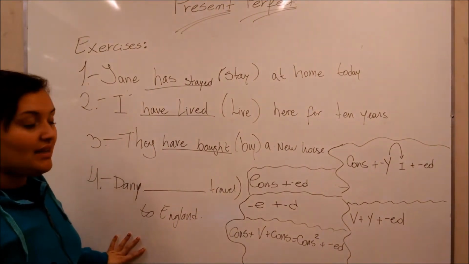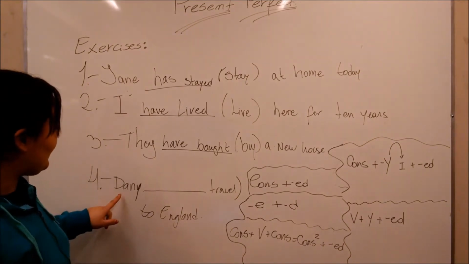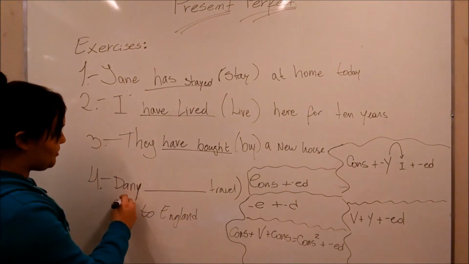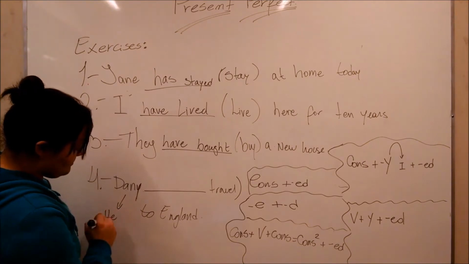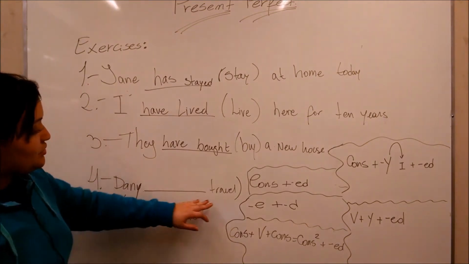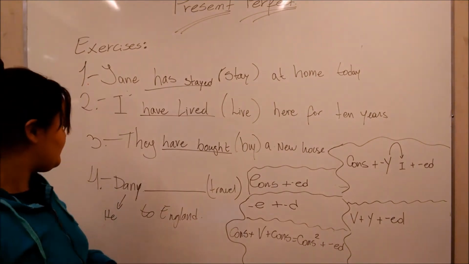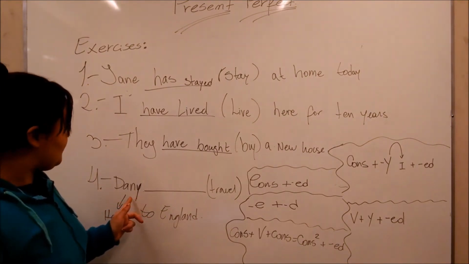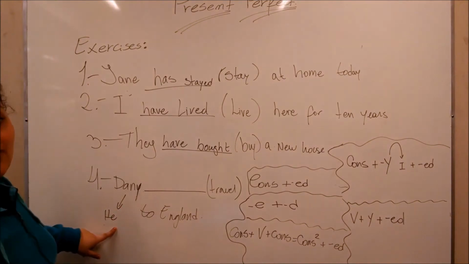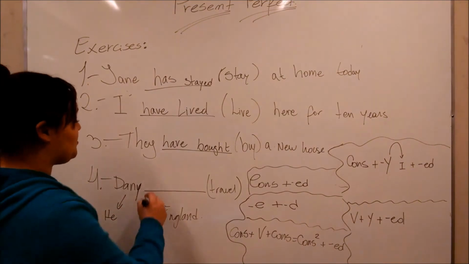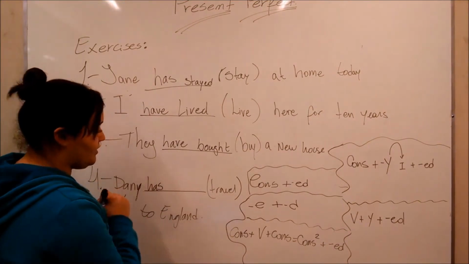In the last exercise, we have Danny, that could be replaced by he, and travel for our verb, to England. So in the case of Danny, as it is a third person singular, we have to put has instead of have.